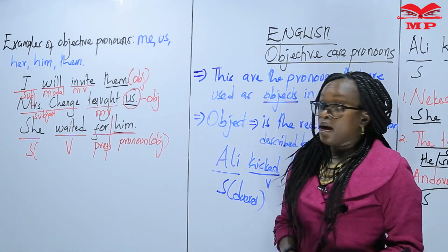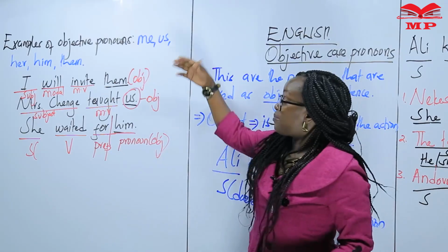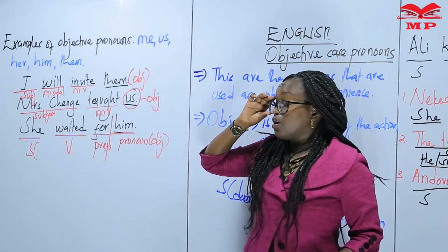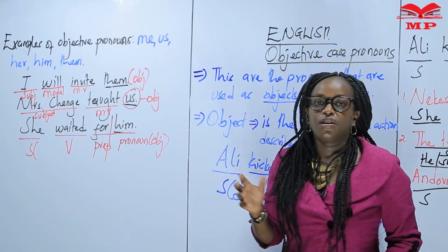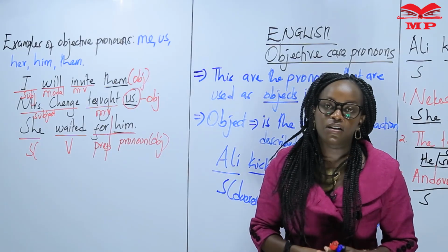I believe that the examples of sentences and objective pronouns that I've given are enough. Therefore, you can look for more sentences from the textbooks that you have and practice.